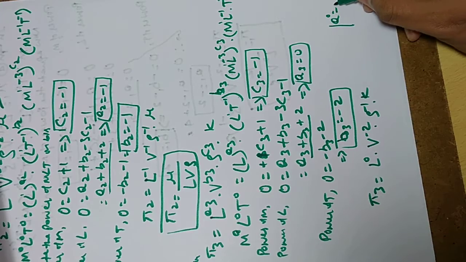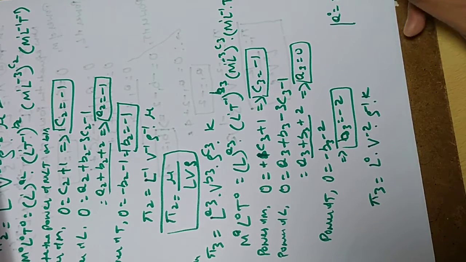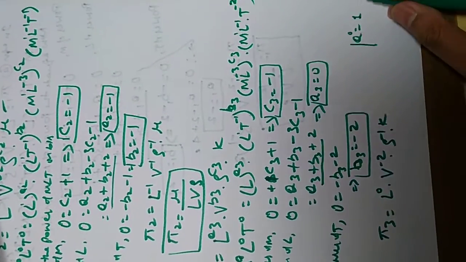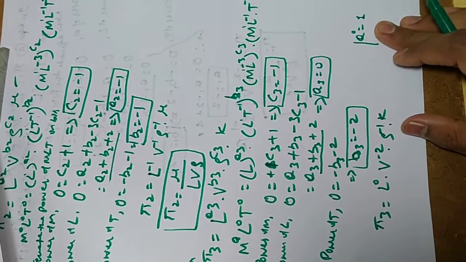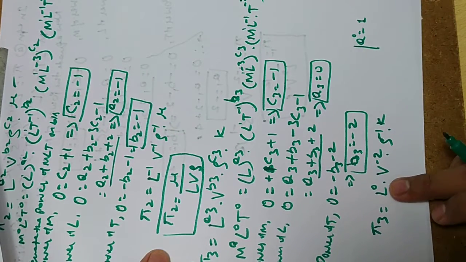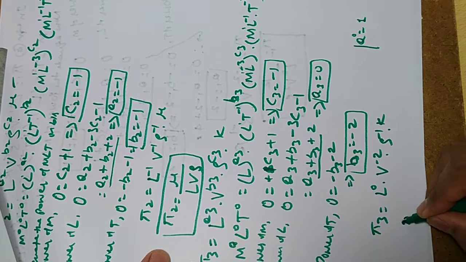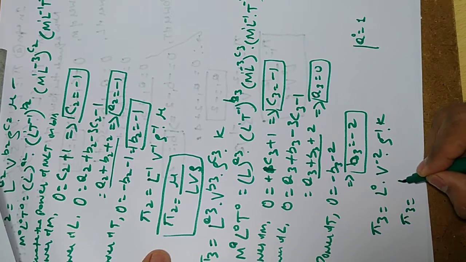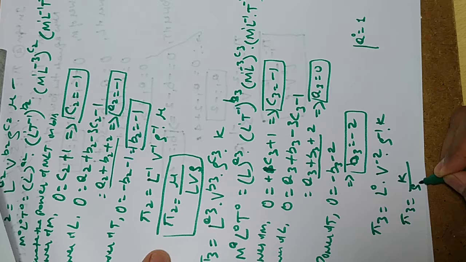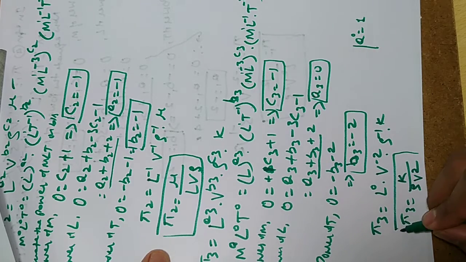Anything to the power of 0 is 1, not 0. In the same way, here is 1. So the pi 3 becomes K by rho V square.